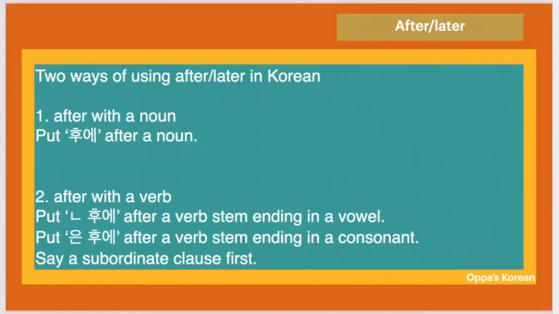If you want to use after with a verb, you put ㄴ 후에 after a verb stem ending in a vowel, or you put 은 후에 after a verb stem ending in a consonant. Again, in Korean, you should say a subordinate clause first and then the main clause.